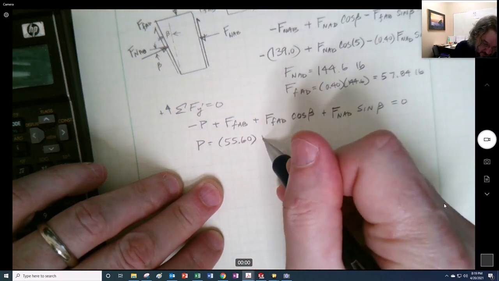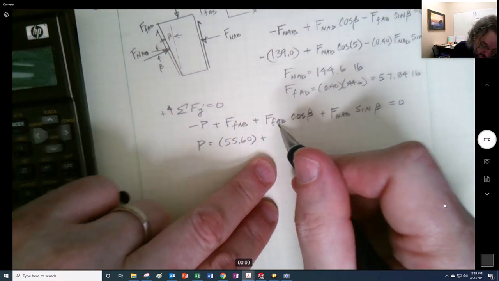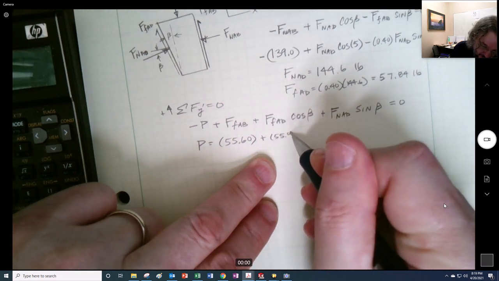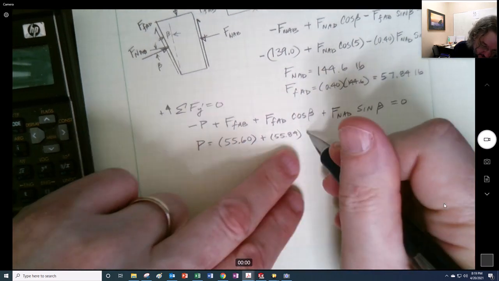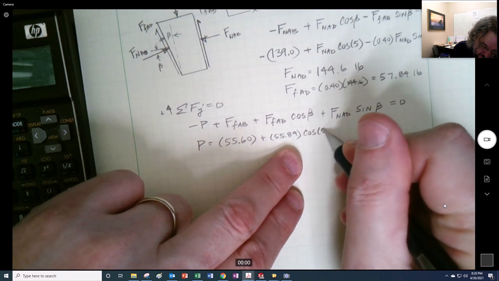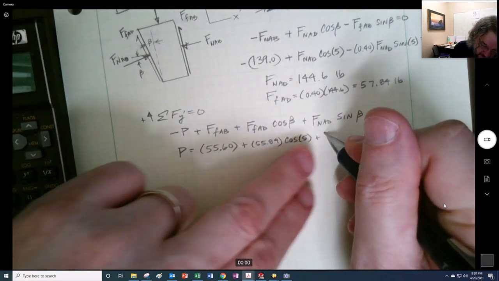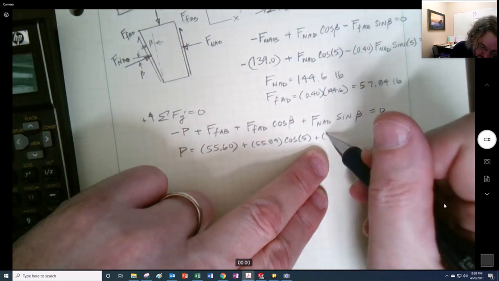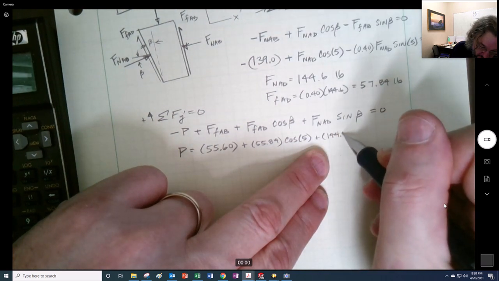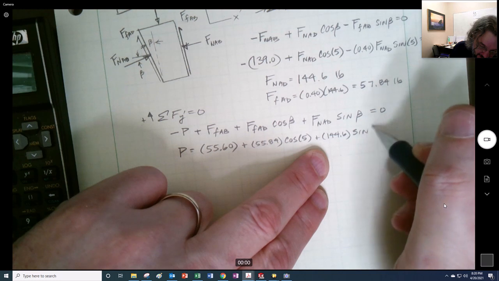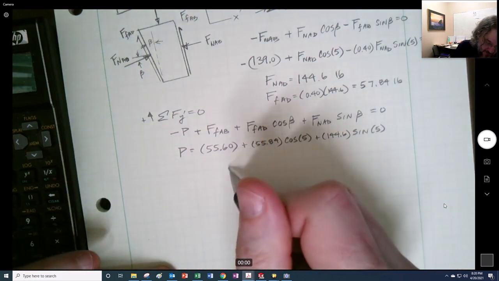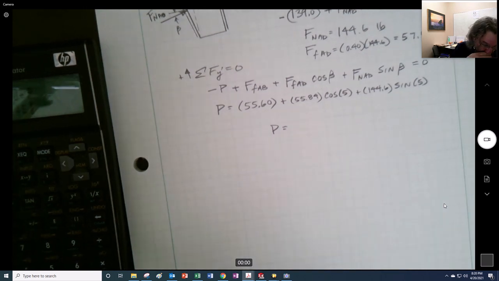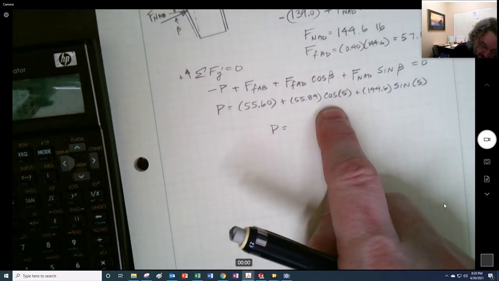So let's see, FFAB was 55.60 plus FFAD, there's a 57.84 times the cosine of 5 plus 144.6 times the sine of 5, and I get P is equal to lots of things.